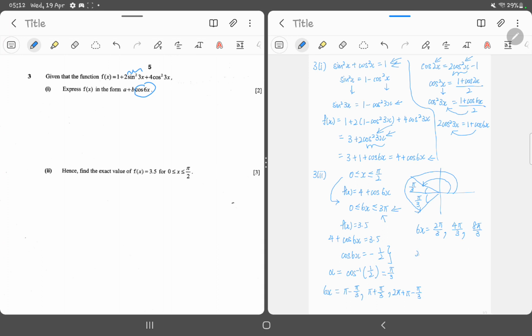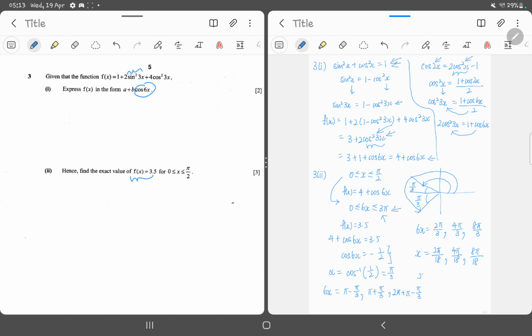Now I'm just going to find x, because I am supposed to solve for f(x) equals 3.5. So x, everything divided by 6, we get 2 pi over 18, 4 pi over 18, 8 pi over 18 radians.